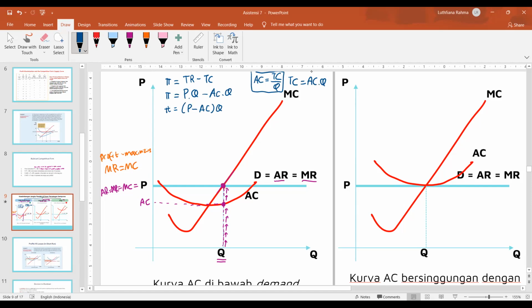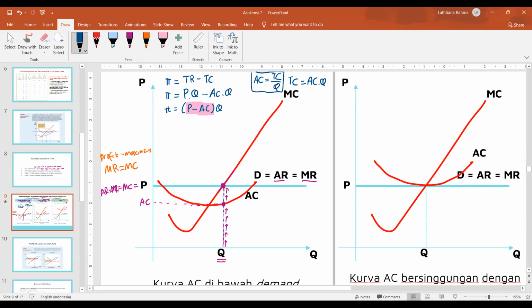Okay, so here is our profit. Don't you see there P minus average cost, price minus average cost? It is the distance, or the gap, between price and average cost.